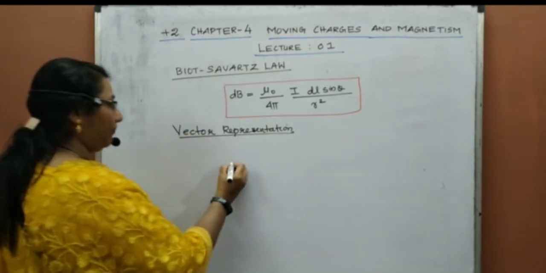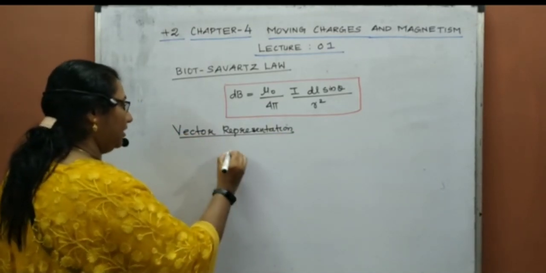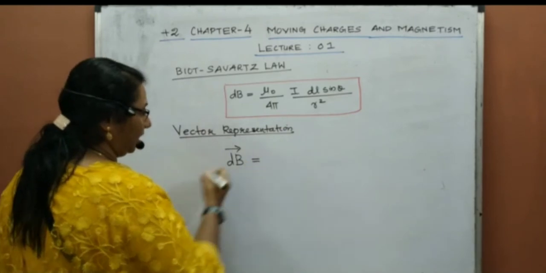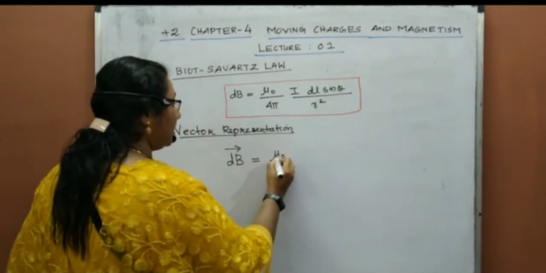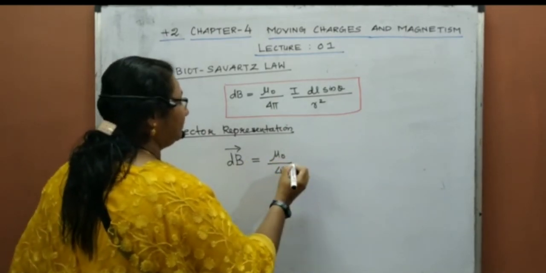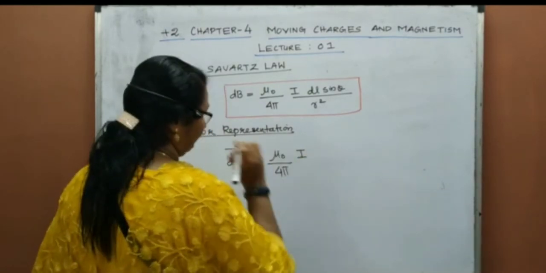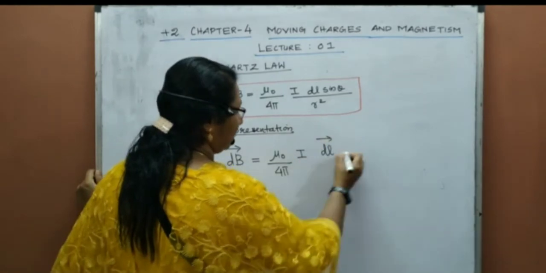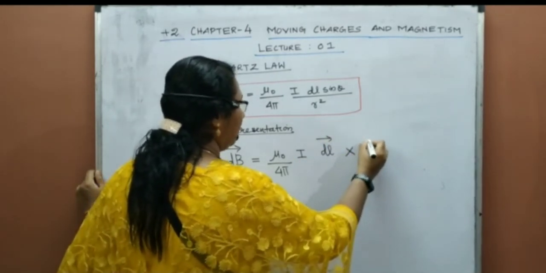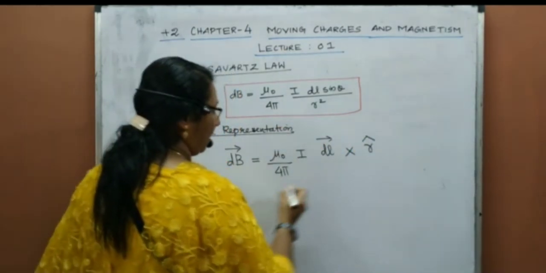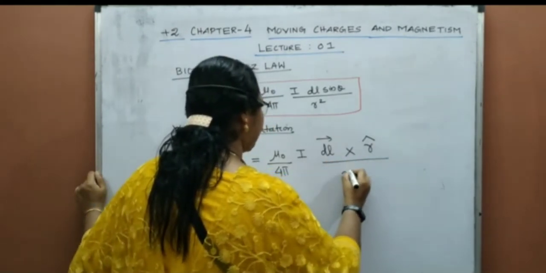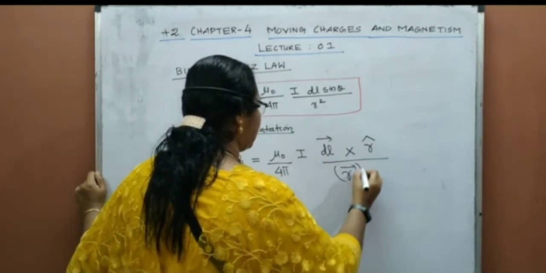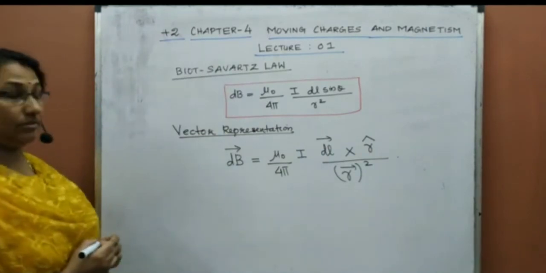In vector form, it is written as vector dB is equal to mu 0 by 4 pi I, listen, dl vector cross unit vector r cap by r vector square. Understood?